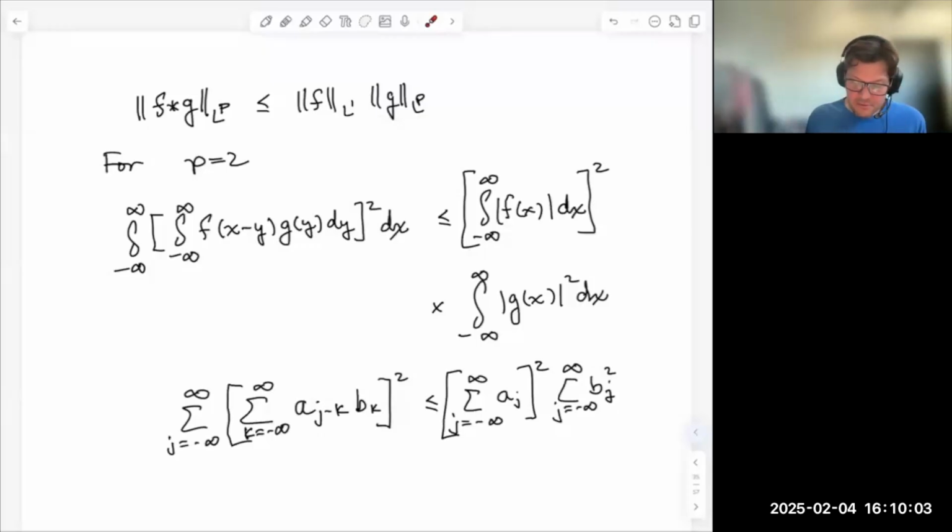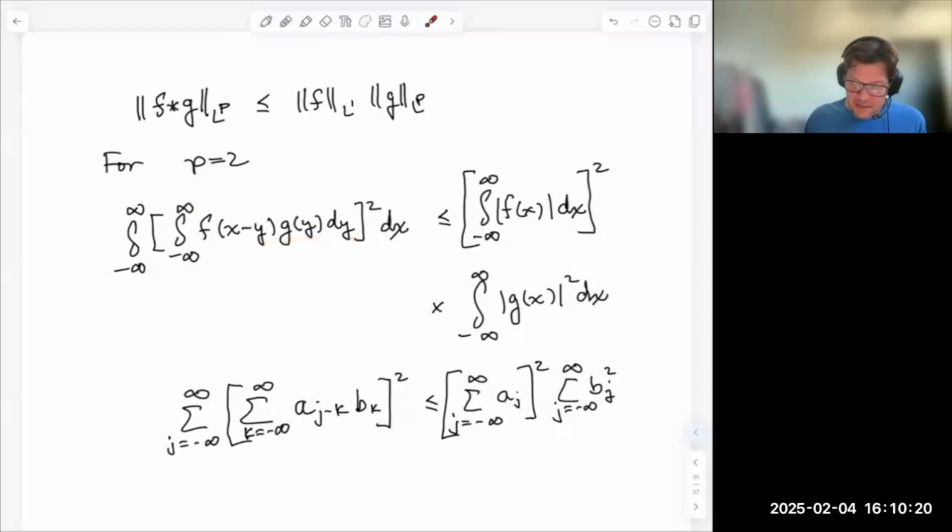If you remember what the 2 norm is, then you'll see what comes out. So for the case p equals 2, upon squaring both sides, what we get is the integral from minus infinity to infinity of the convolution squared, which itself is the integral from minus infinity to infinity of f(x minus y) g(y) dy.